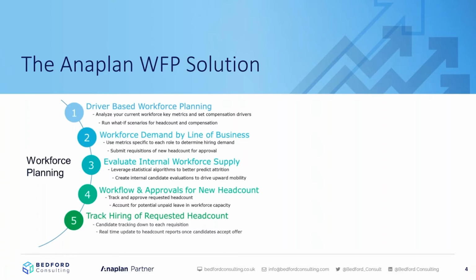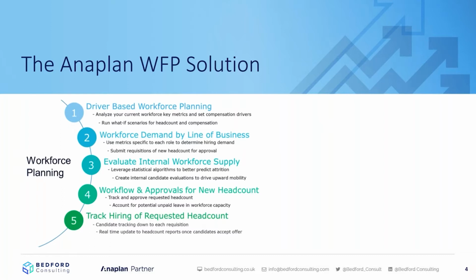And Anaplan enables us to use metrics specific to each role to determine hiring demand and submit requisitions of new headcount for approval, all within the system, all potentially within one model that you can then access or grant access to the various users as required.